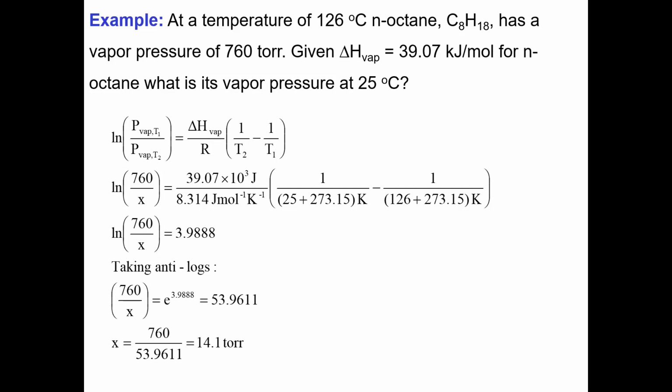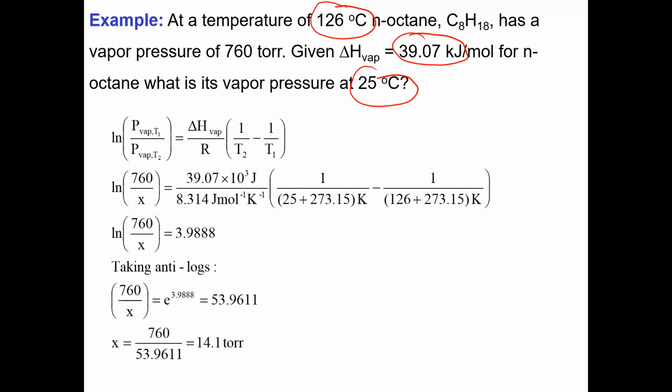There are a few things that we need to be mindful of as we do this. But the most important one that you're going to notice immediately is that to be consistent with the units that we are using for R, our temperatures must be given in Kelvin and our enthalpies must be given in joules. So let's have a look at it.